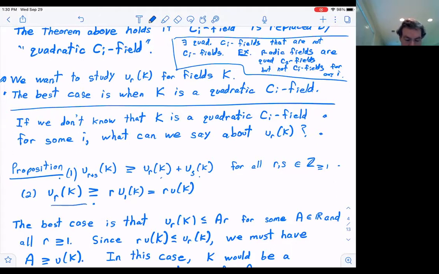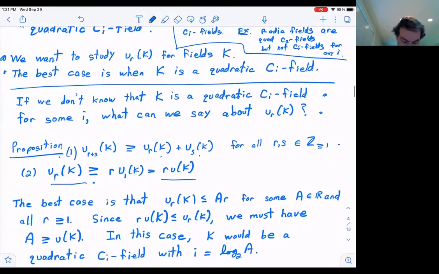It's an easy lower bound, and it seems that it's almost an upper bound. I'll say more about that in just a moment, but it's relatively hard to find examples where this is a strict inequality. Okay.